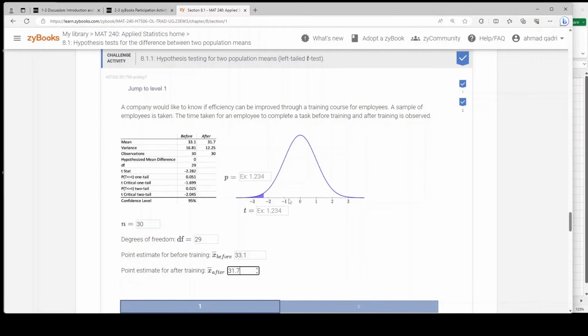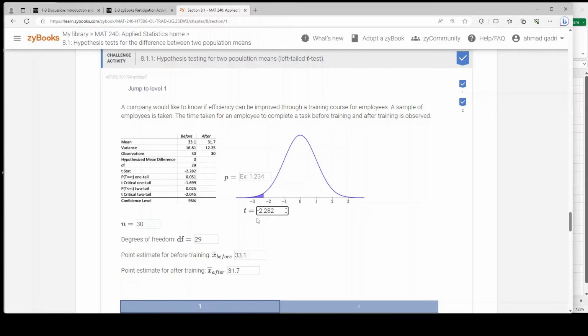Right, and then we can see that this is a left tail test, so we need to get the test statistic and the p-value. Test statistic here is shown here. T-stat is negative 2.282, so that makes sense. It's between -2 and -3 here.